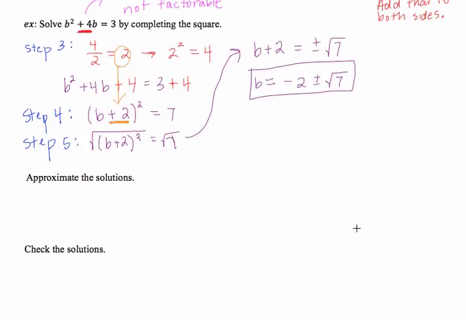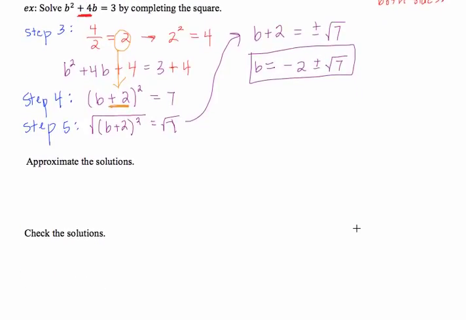Okay, now let's check our answers on this one. Let's do that by first approximating these two solutions, and then I'm going to show you how to check your solutions. Okay, so there's two solutions here, really. One of them is negative 2 plus radical 7. The other one is negative 2 minus radical 7. We've just written them in one line up here by putting that plus or minus.